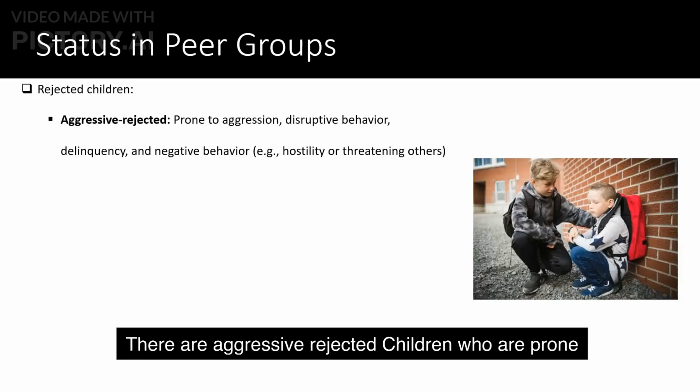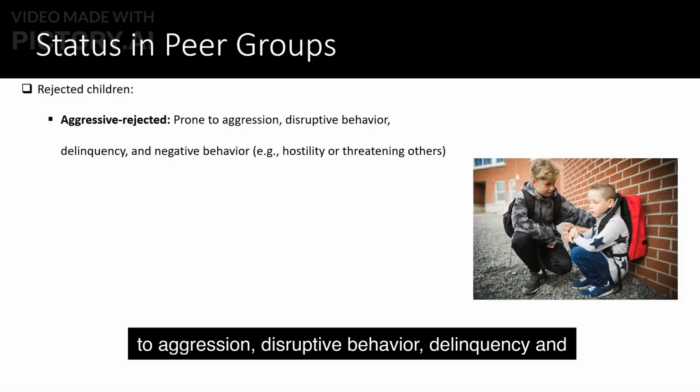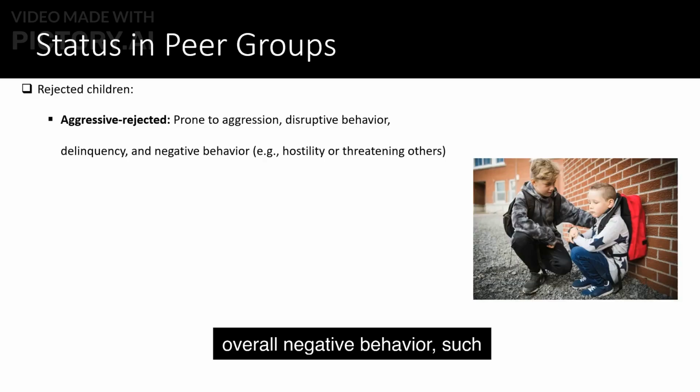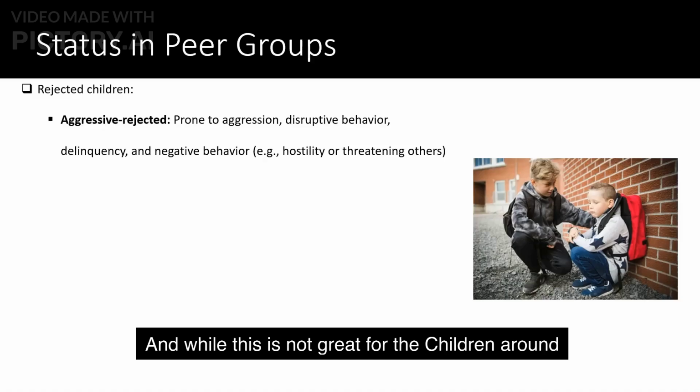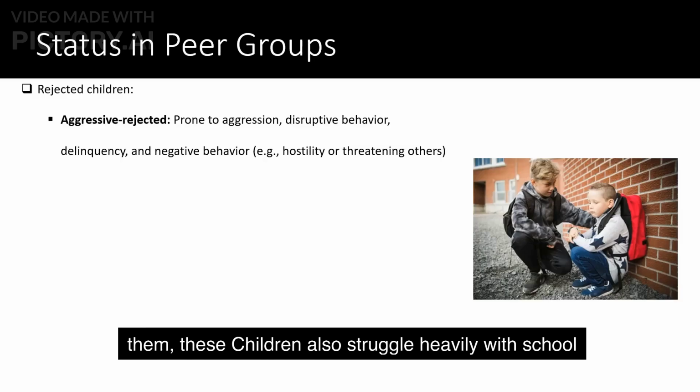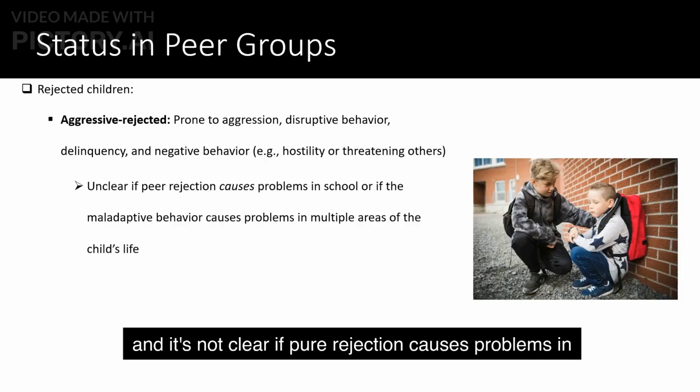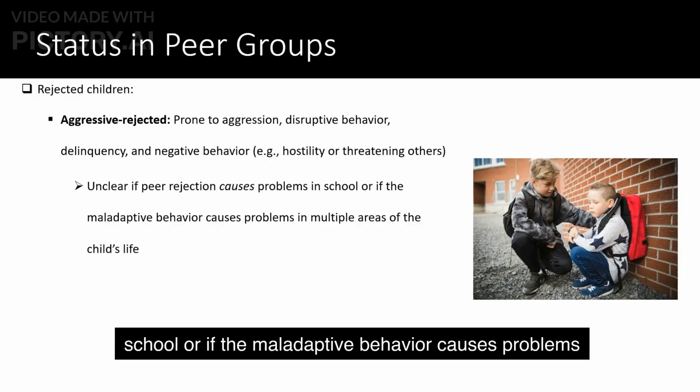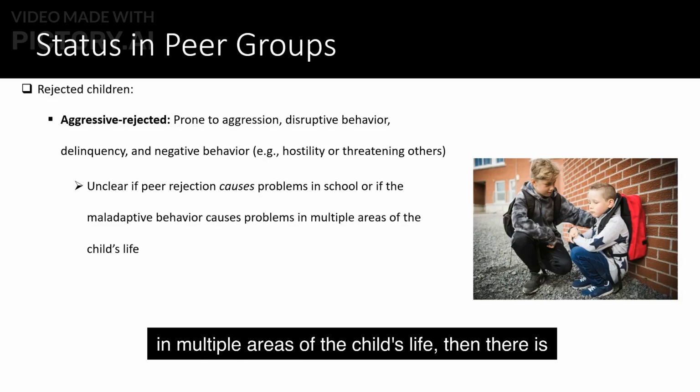There are aggressive rejected children who are prone to aggression, disruptive behavior, delinquency, and overall negative behavior such as hostility or threatening others. And while this is not great for the children around them, these children also struggle heavily with school. And it's not clear if peer rejection causes problems in school or if the maladaptive behavior causes problems in multiple areas of the child's life.